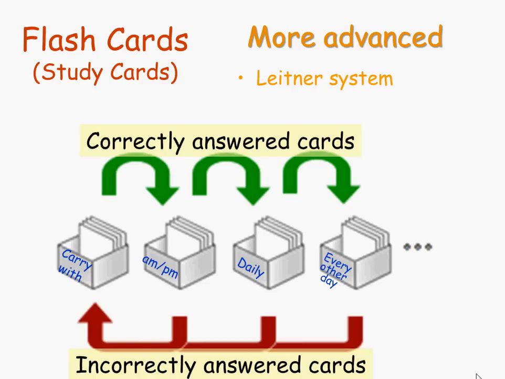And if you get it incorrect again, then you'll move it to an even more frequently looked at box. This whole system is based on the idea that you want to review the ones you get wrong more frequently than the ones you get right, which makes sense, right? You want to focus on the stuff you're having trouble with, and the stuff that you're not having trouble with, you want to review less frequently.